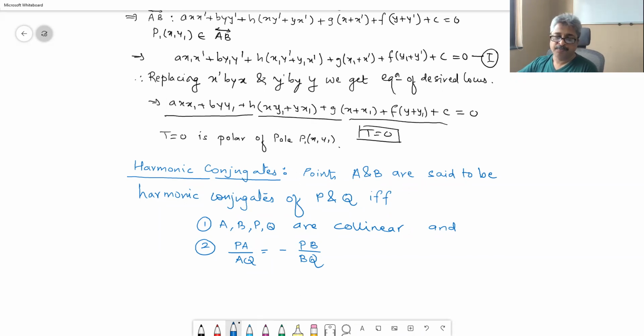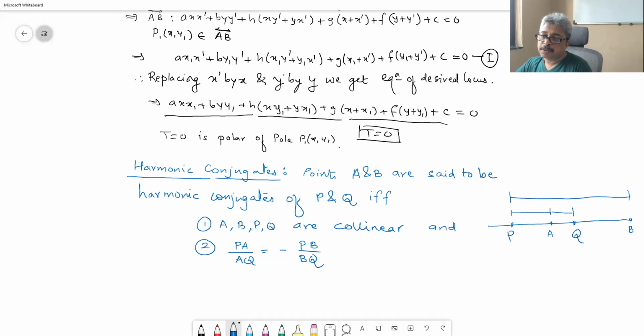So geometrically, if I have a line P, Q, then this is A, 1:2, and let us take B a little further away. This is A, then this is B. So PA upon AQ is equal to PB upon BQ.